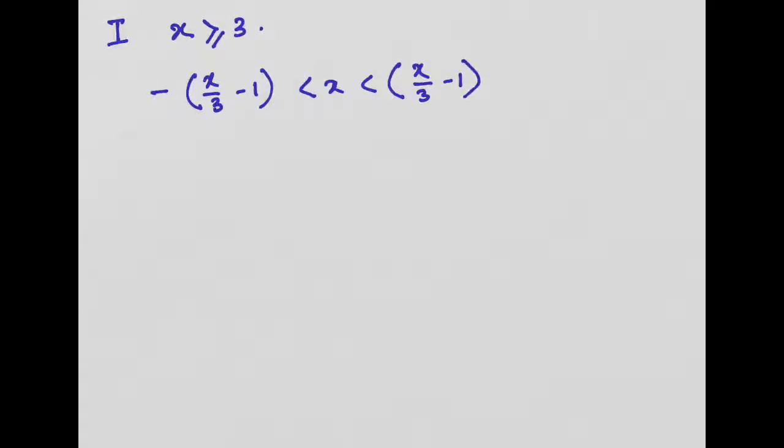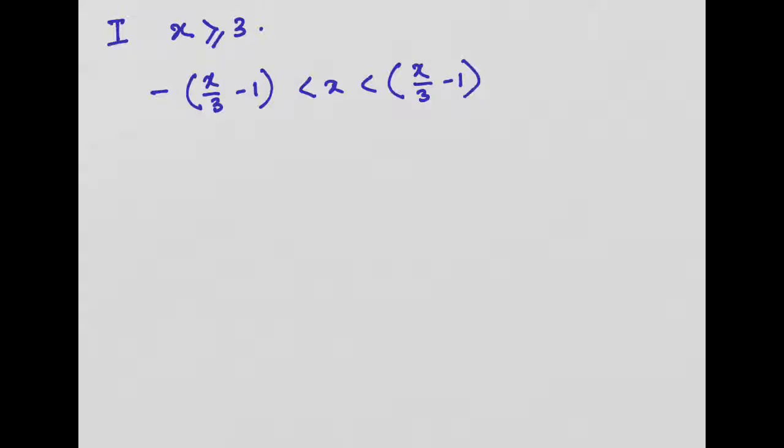I am changing my color. In my case 1, I am considering x greater than or equal to 3. Now putting that value in that closed range, I am having minus x by 3 minus 1 less than x by 3 minus 1.